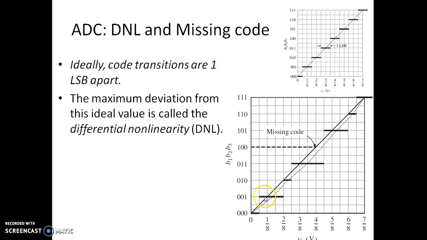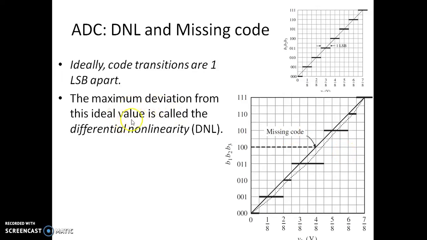Now the DNL of this particular input combination, that is the output of 001, we have a half LSB DNL. Here it's actually minus half LSB. Here you can see there is a DNL of 2 LSB, because expected is 1 LSB. We are having actually 2 LSB. And it is surprising to see, of course, we can see there is no code available here at all. So that's what we call a missing code.